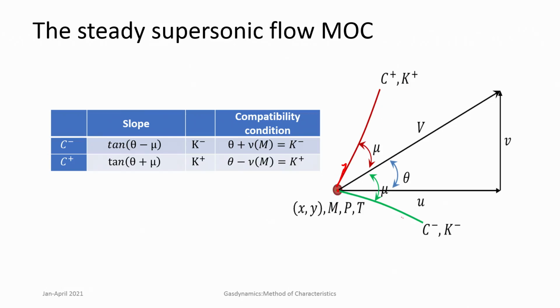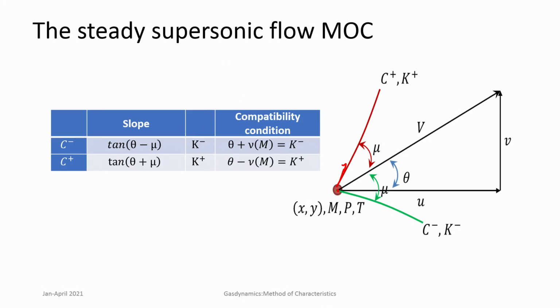Similarly, if you take the C minus characteristic, which happens at theta minus mu, where mu is the Mach angle, then along the C minus characteristic there is another constant, K minus, which is theta plus nu, where nu is the Prandtl-Meyer angle. So, now you have two sets of equations. One is the equations for the slope at that particular point, which is C minus and C plus, then the compatibility conditions for those corresponding characteristic curves.